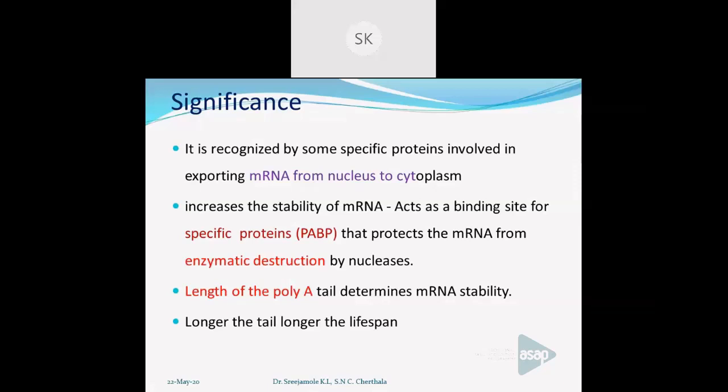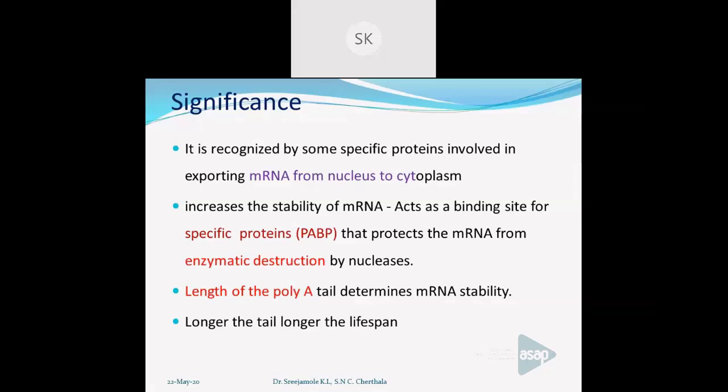These nucleases are exonucleases, ribonucleases, which can attack either from the 5' end or from the 3' end. So the 5' cap protects the mRNA from degradation by nucleases, and the 3' poly A tail protects the mRNA from attack by the nucleases.